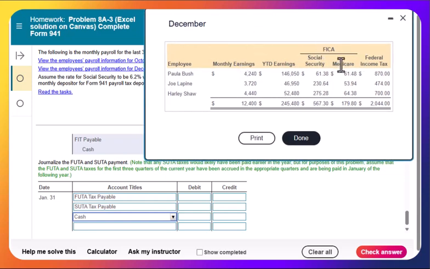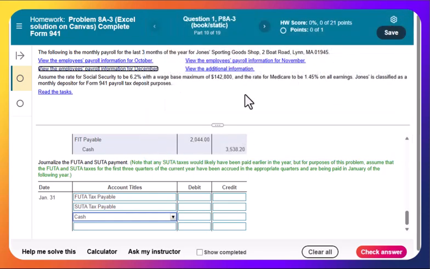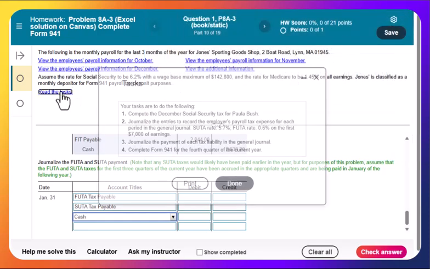It looks like they do not have a SUTA and FUTA taxable column. So again, that would make things much easier for us, which would be nice, but let's go ahead and review here in our tasks.